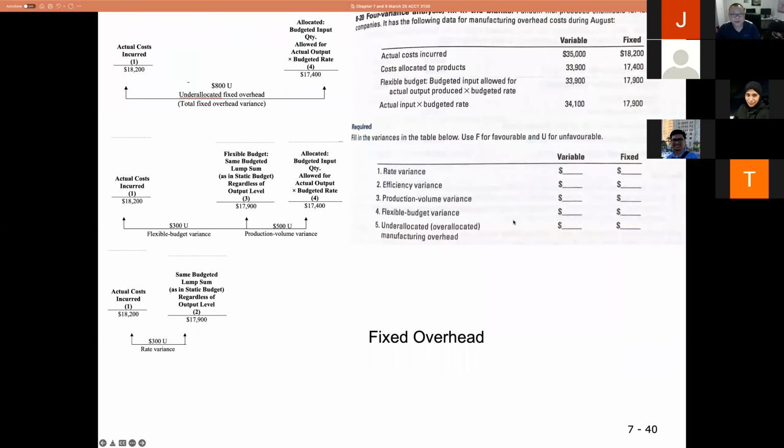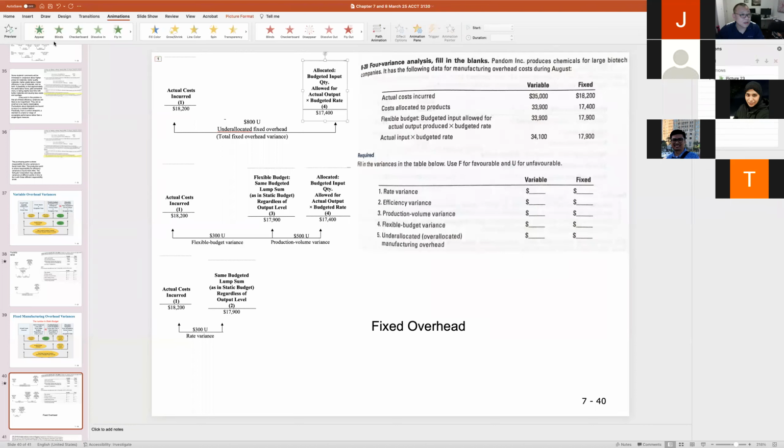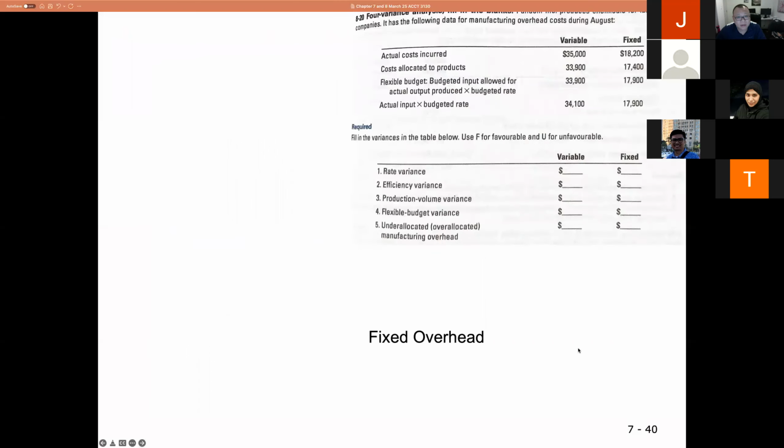We're going to finish this question, and I have to do this animation. It's actually taking me quite a bit of time to prepare these slides, just because I was trying to make it easier for you to understand.